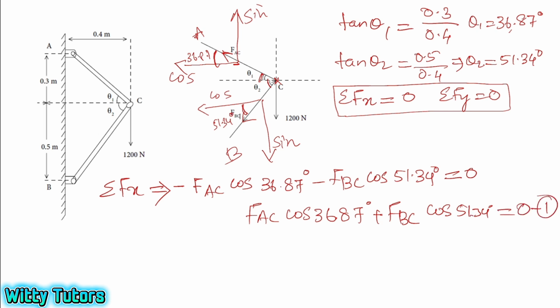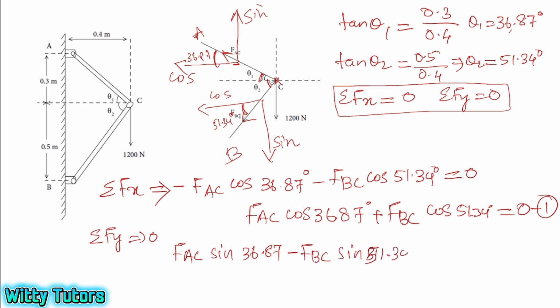Similarly, I am going to consider sigma Fy equal to 0, the sum of vertical components. Here FAC sine 36.87 is in the upward direction, so positive, and FBC sine 51.34 degree is in the downward direction, so minus. Here one force is also acting, that is 1200 Newton.